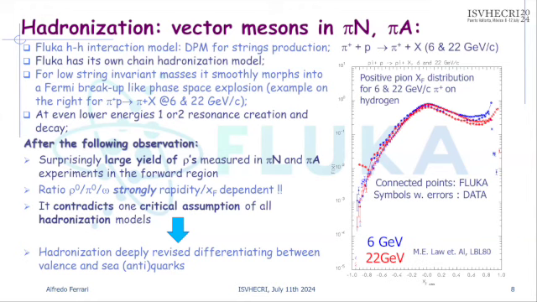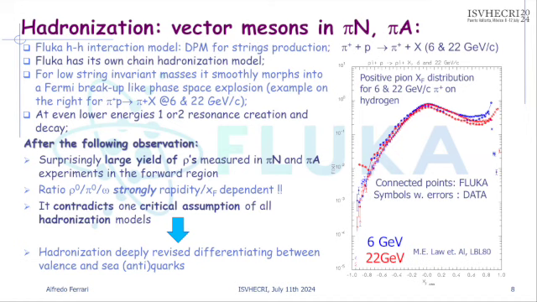As you know, there is a surprisingly large yield of rhos, in particular of neutral rhos, measured in pion-nucleon and pion-nucleus experiments in the forward region. And not only this, much more worrying, the ratio rho0, pi0, omega is strongly rapidity, xF dependent.